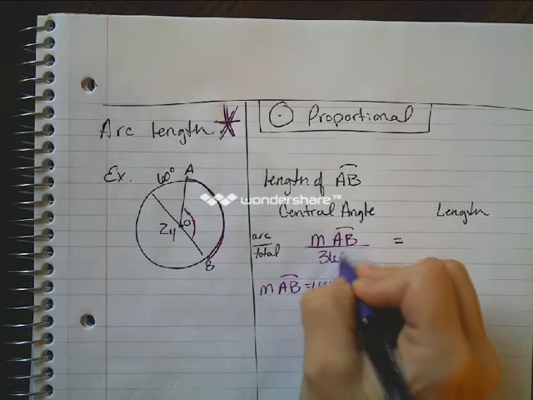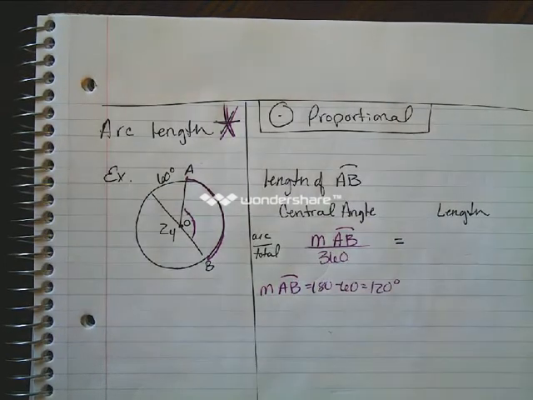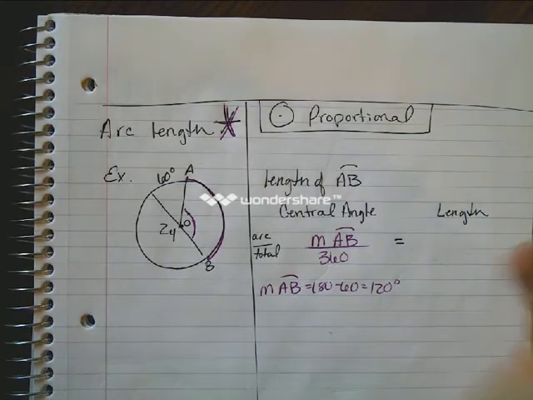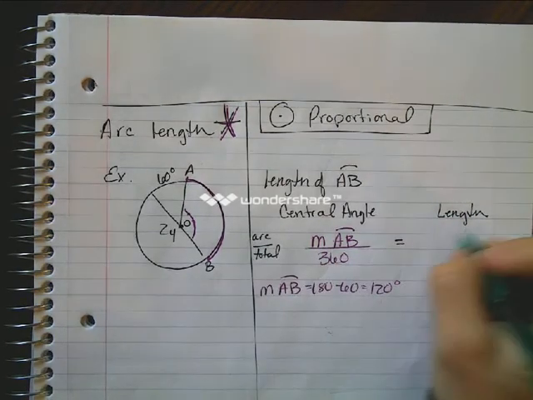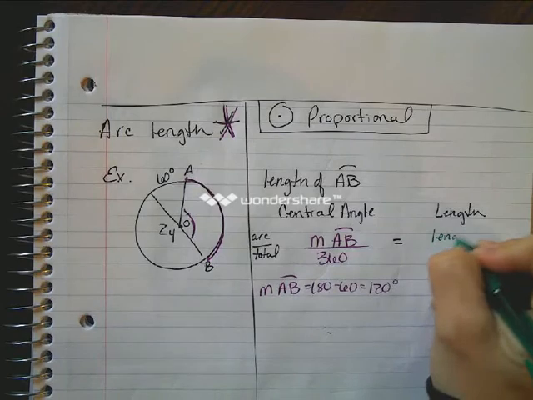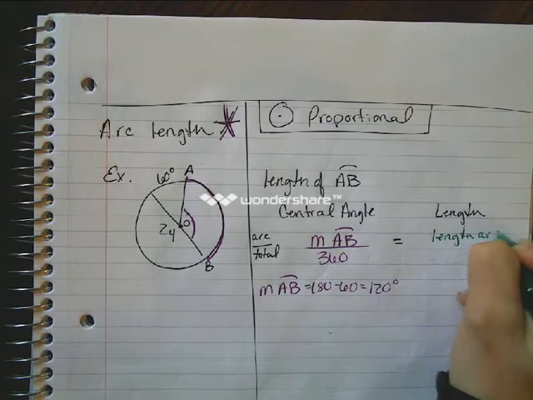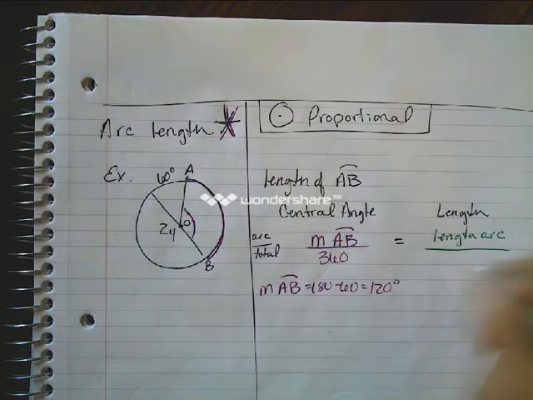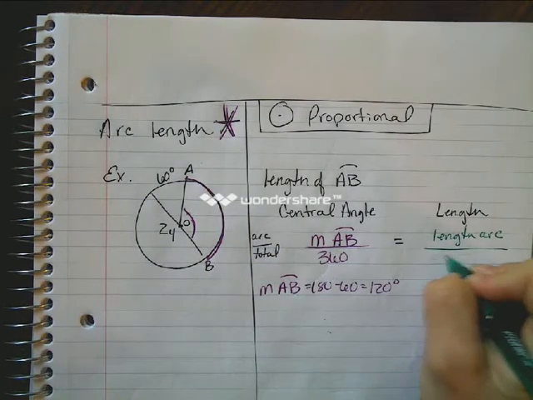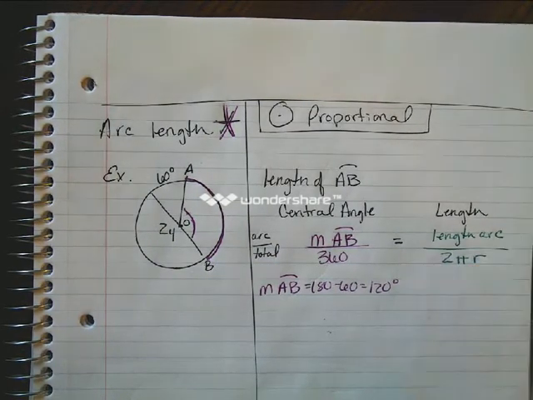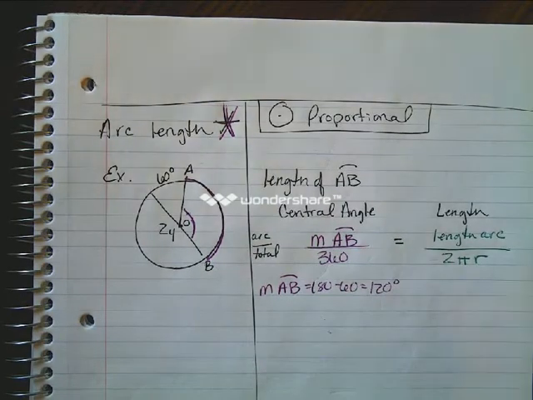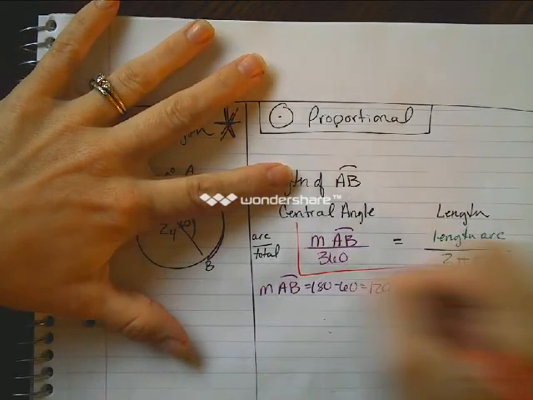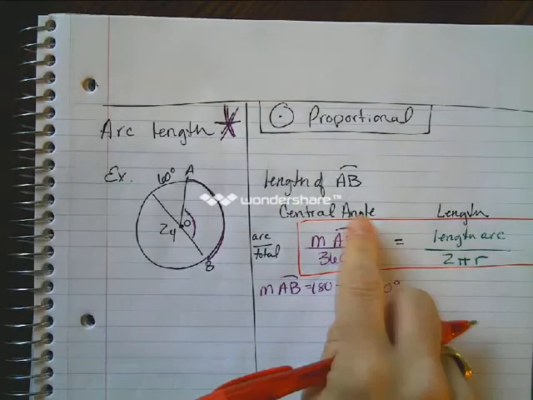So let's go ahead and plug into our formula. The measurement of the arc is 120 over 360 equals, we're trying to find the length of the arc, and we're going to put it over 2 pi, in this case the radius is 12.